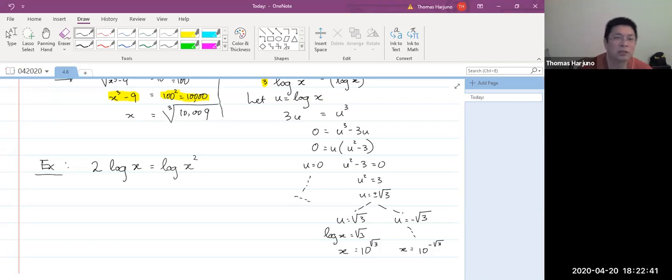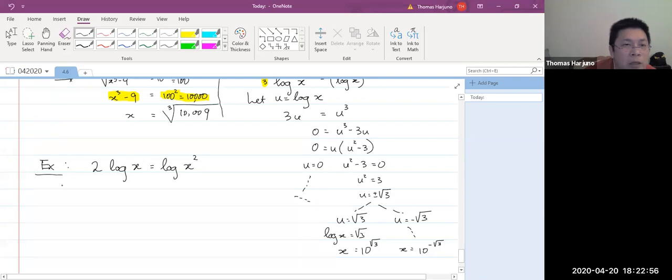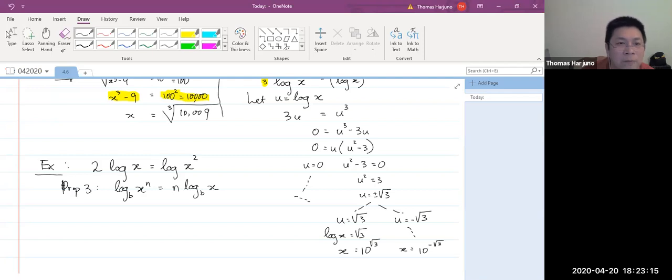Notice that you may correctly think that both the left and right-hand sides are equal, because by property number three, we have that log base b of x to the n equals n times log base b of x, right? So the left-hand side is the same as the right-hand side, right?